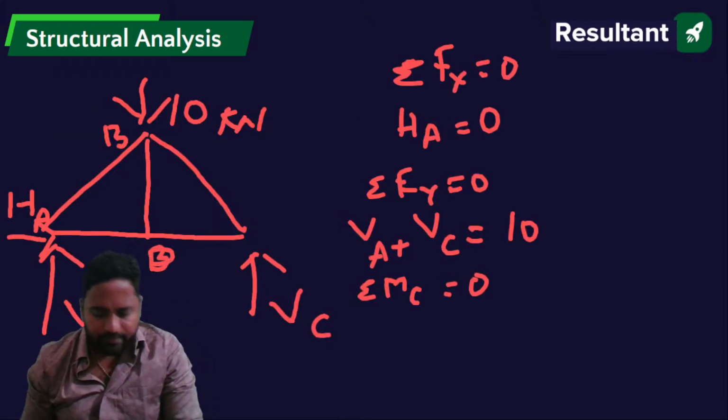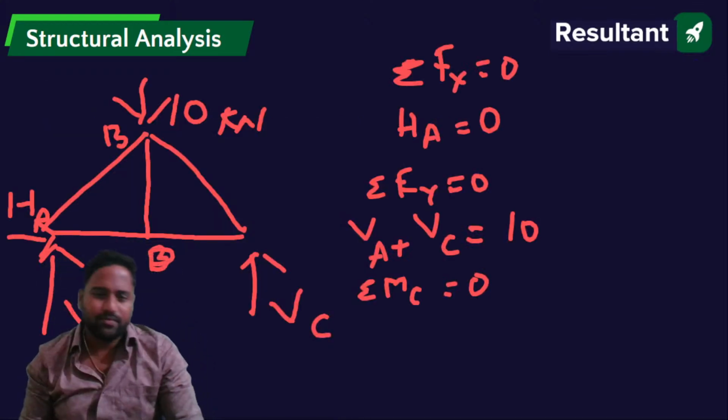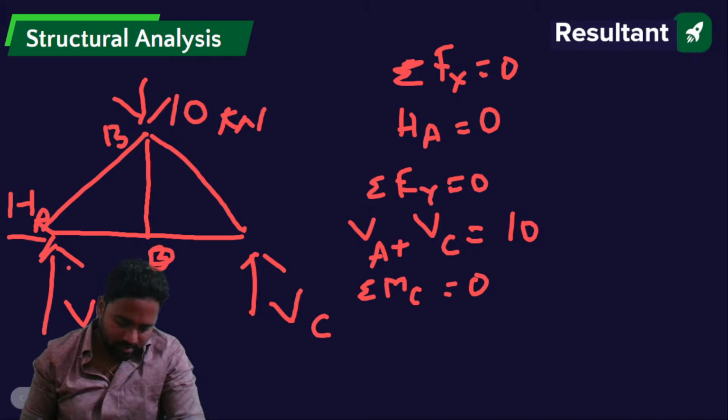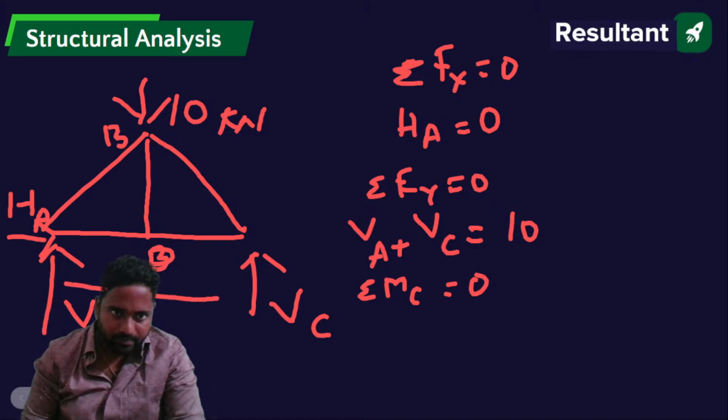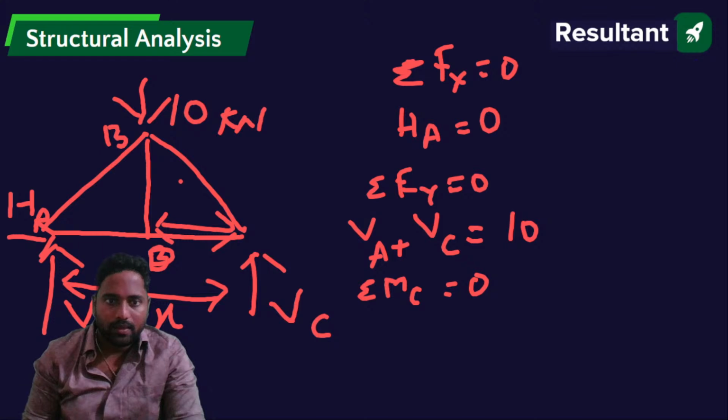Distance is not given. Take exactly half of the distance. You can say it is symmetrical. So if I take this distance as some x, from here to here it would be x by 2.